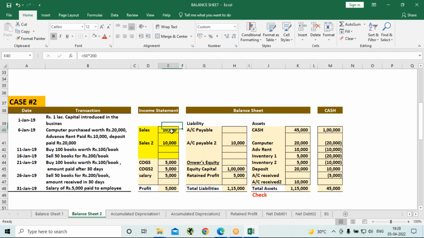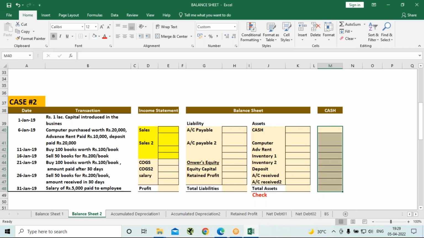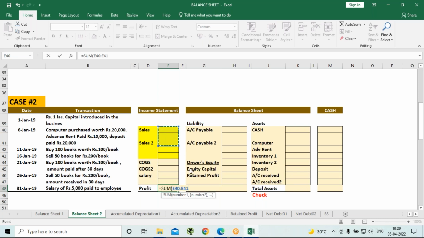I'll just remove all these values and send it to you people. Try to get the answer. I'll make the formula for you so that as soon as you put the values, it eases your calculations.